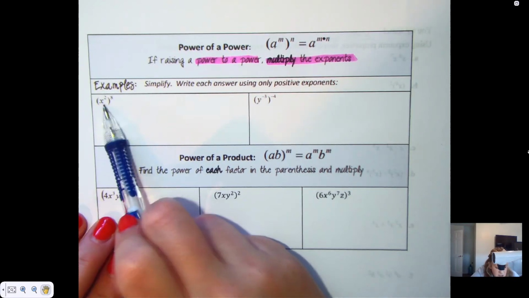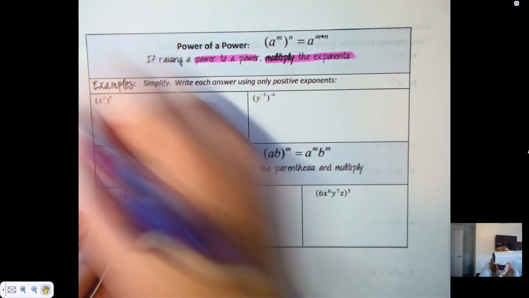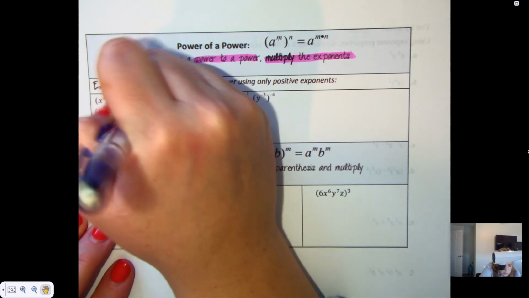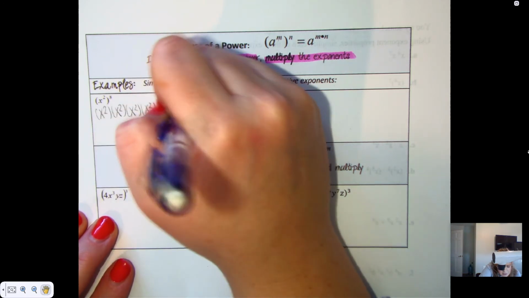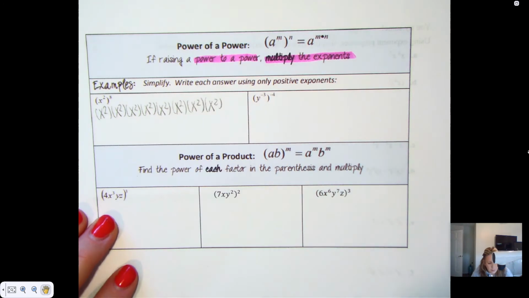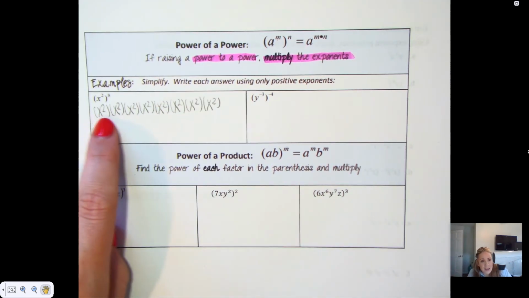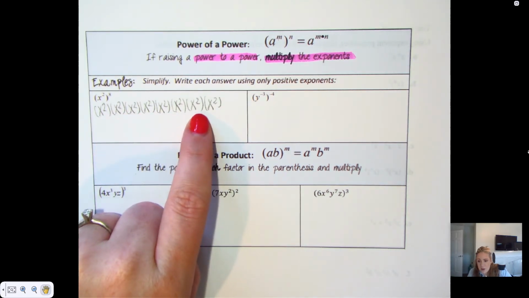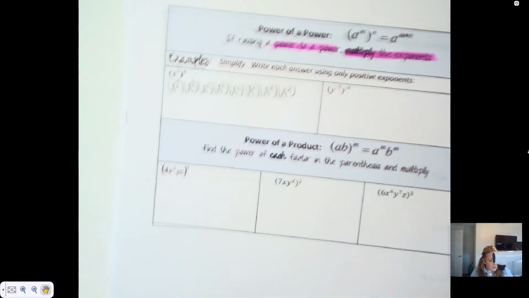It says x squared is going to be written 8 times, okay? So I'm going to have x squared, 1, 2, 3, 4, 5, 6, 7, 8. Okay, I can do that. Now, what's happening here? I am multiplying all of these together.